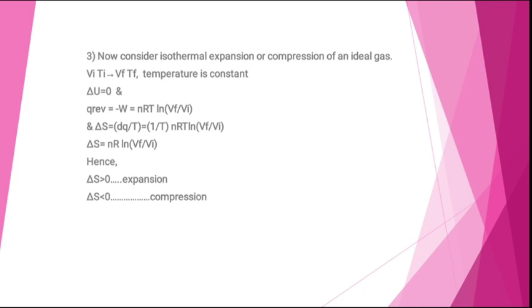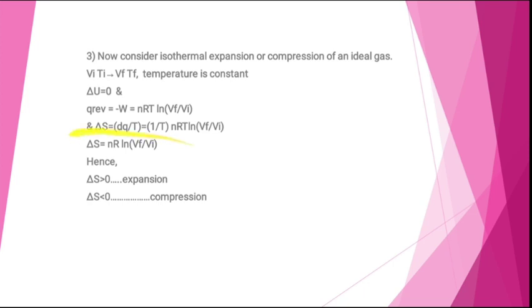And our definition of change in entropy is delta S is equal to dq by T. This can be written by putting Q equal to nRT ln of Vf upon Vi, and this 1 upon T is as it is here. So the T in the multiplication and the T in the denominator get cancelled. So the equation of change in entropy is delta S is equal to nR ln of Vf upon Vi.